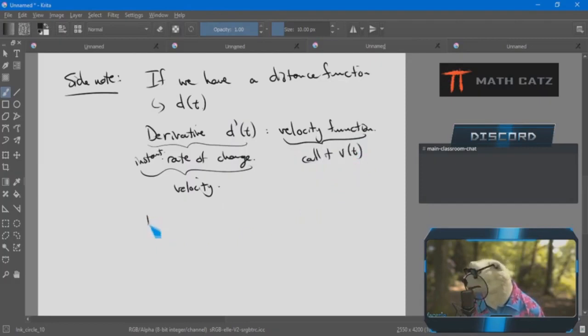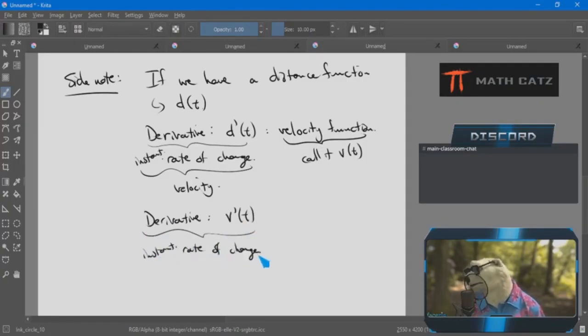If I look at the derivative of velocity, which means v prime, then that is the instantaneous rate of change. The instantaneous rate of change of velocity is acceleration.